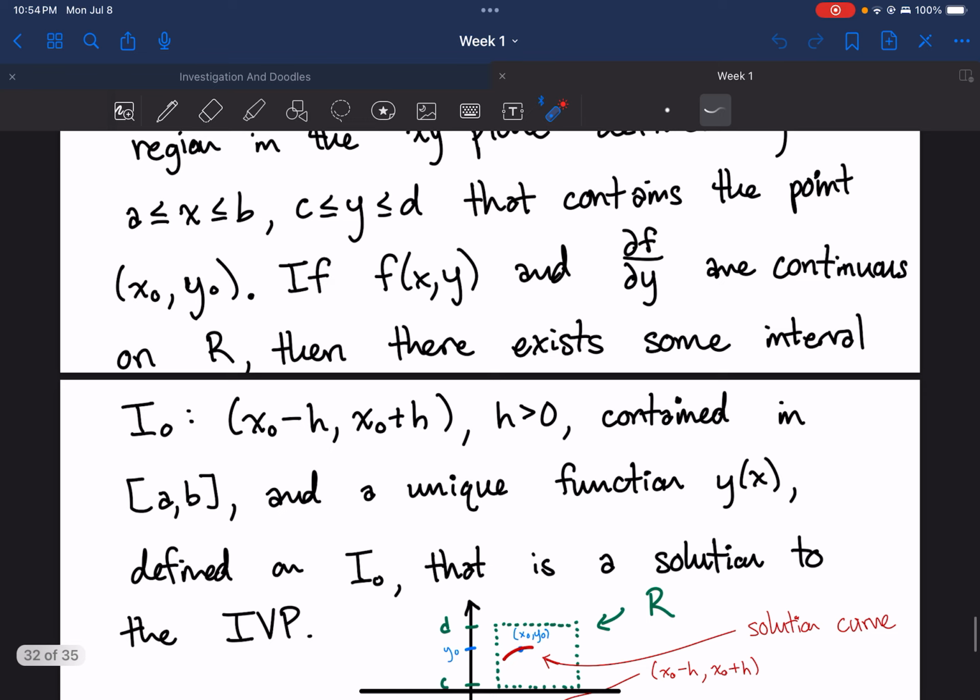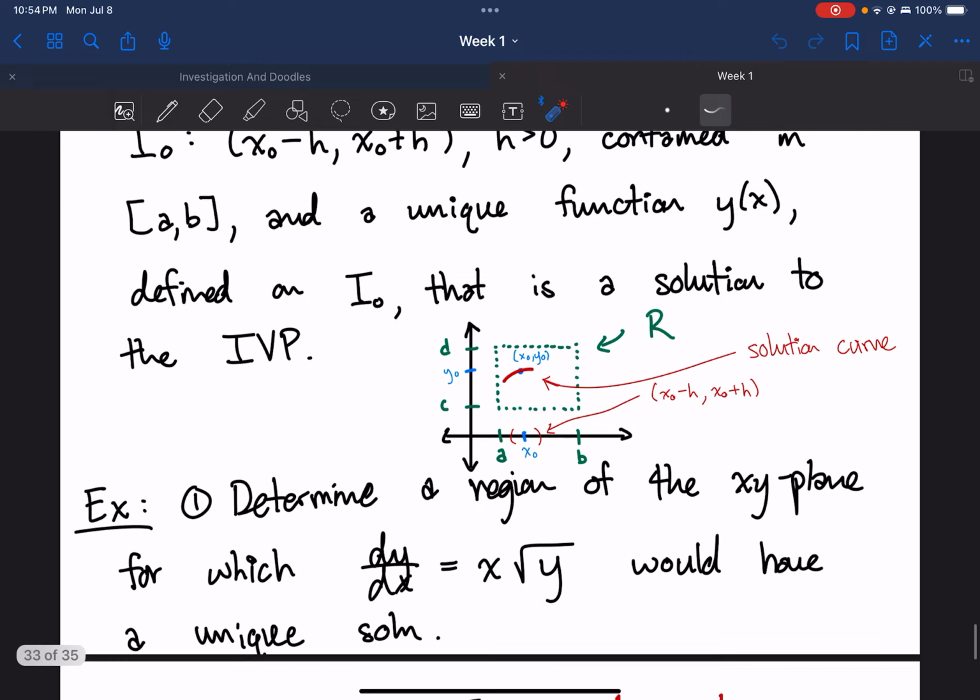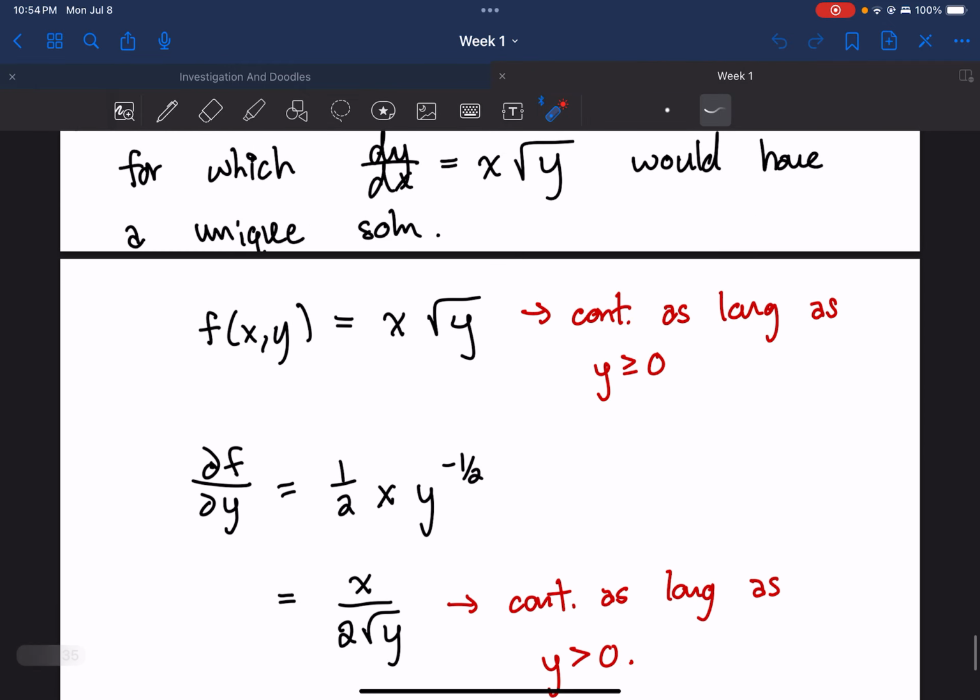The conditions say that this function and its derivative with respect to y have to be continuous on a rectangle. Well, this is continuous so long as y is greater than or equal to 0. If y is negative, we get bad stuff happening since we're dealing with real valued functions here. So as long as y is greater than or equal to 0, this is continuous.